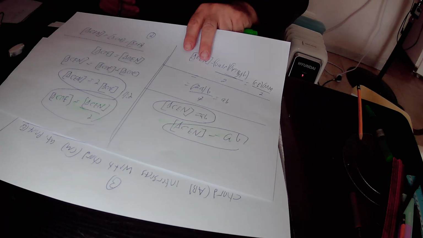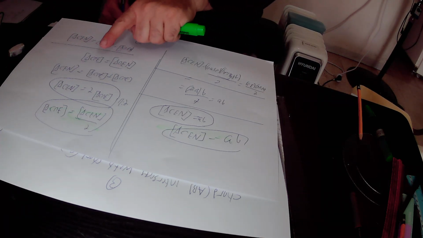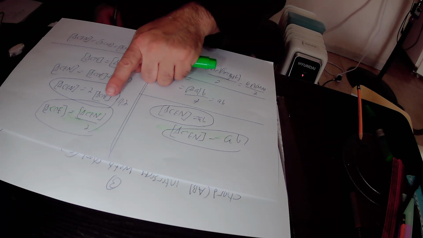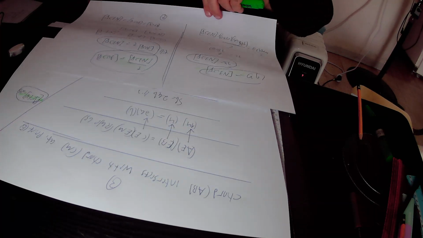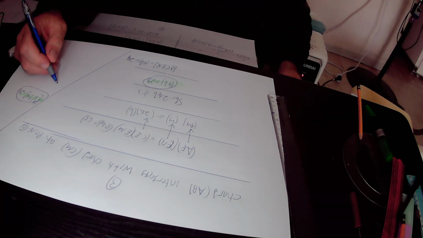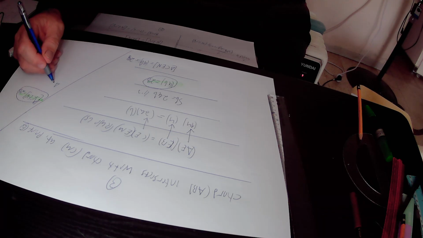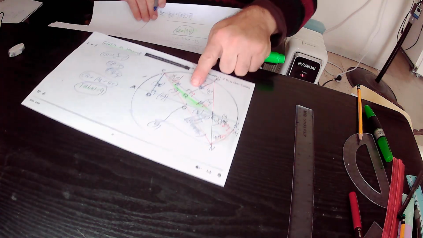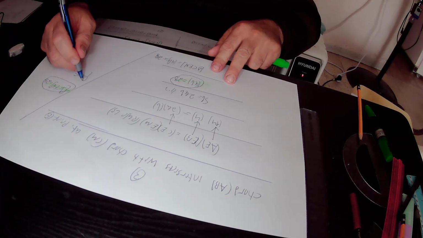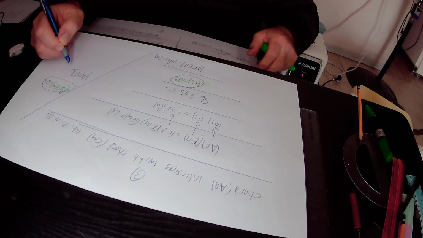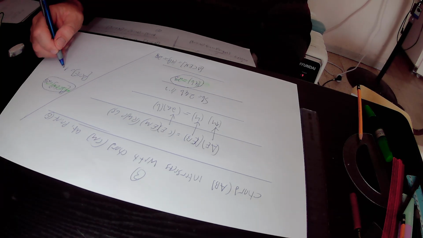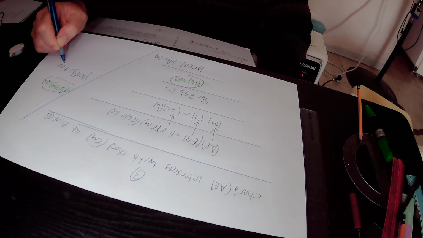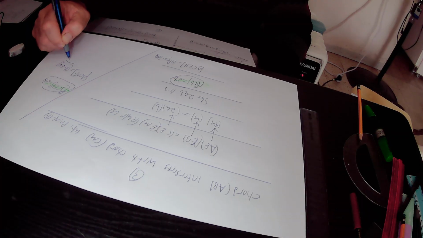So we found out that the area of the small triangle COE is equal to the area of the big triangle CEN over 2.